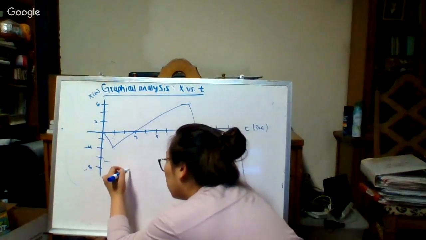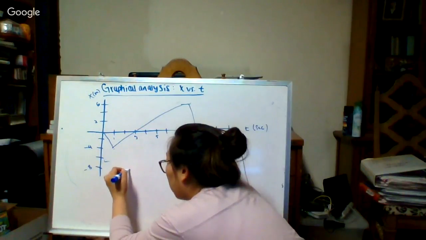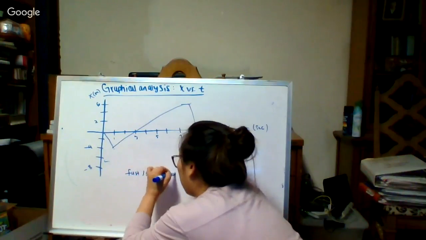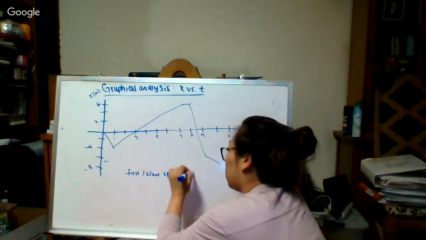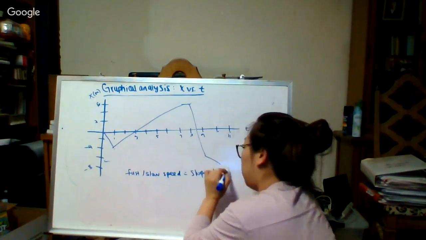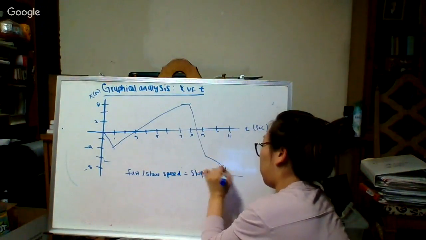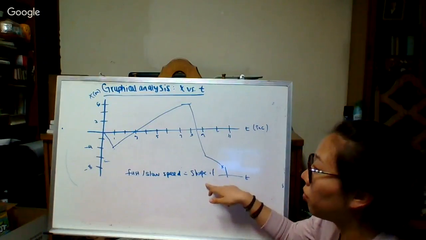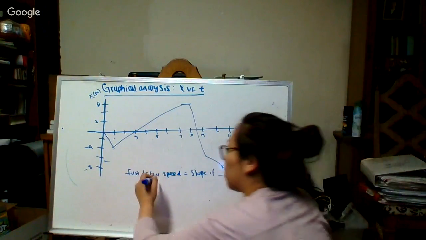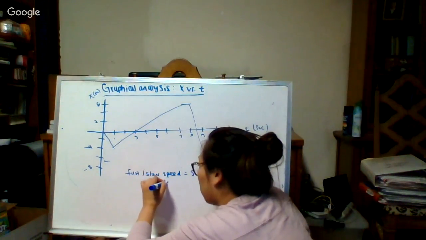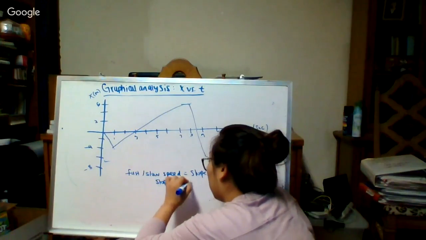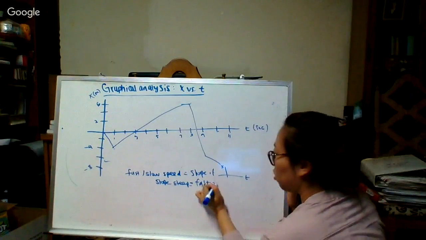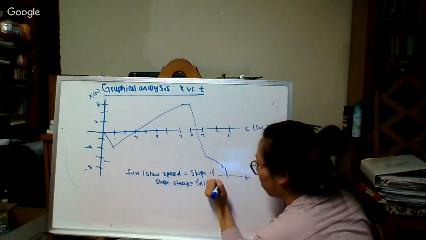Okay. So fast, slow speed is determined by the slope of x and t. So your displacement over time is the slope. If your slope is steep, it's fast. That means that you've traveled a lot of distance over a short period of time.